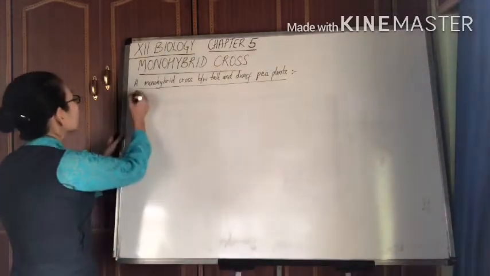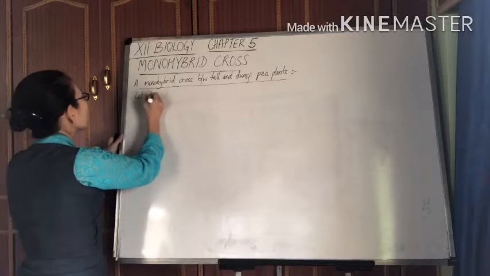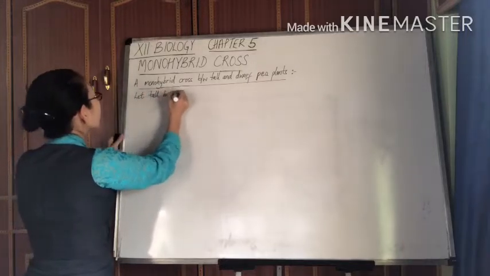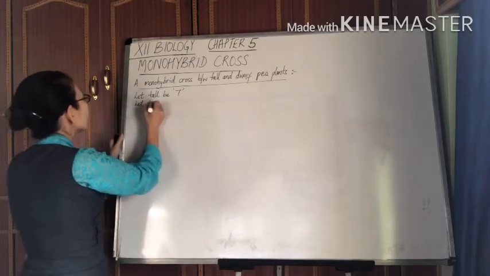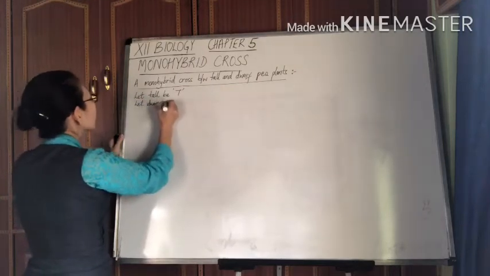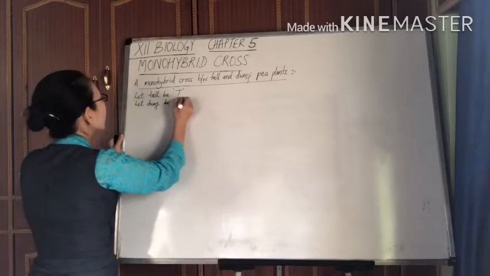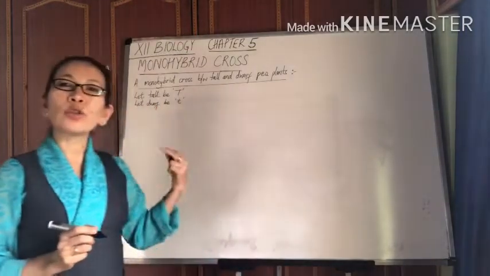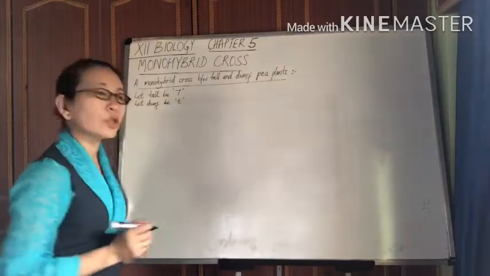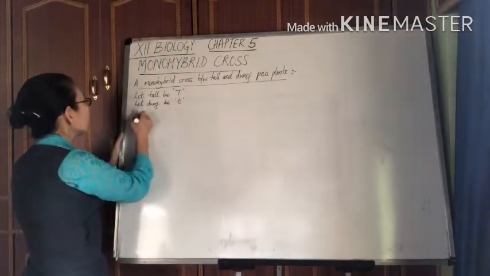So we can assign, let tall be capital T because it was dominant, and let dwarf be small t. After assigning the letters, then we are to show the parental generation, which is the P generation.